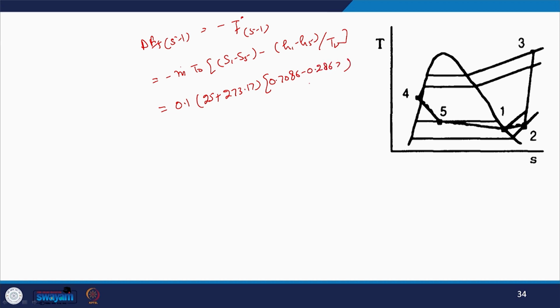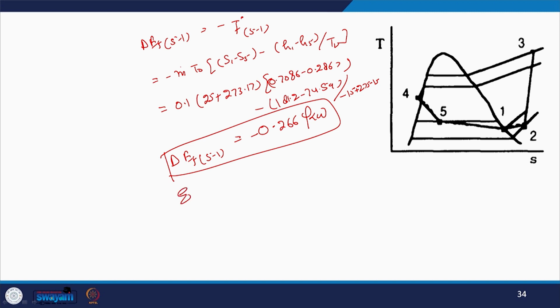All these values are given in the question itself. So delta EF from 5 to 1 comes out to be minus 0.266 kilowatt.